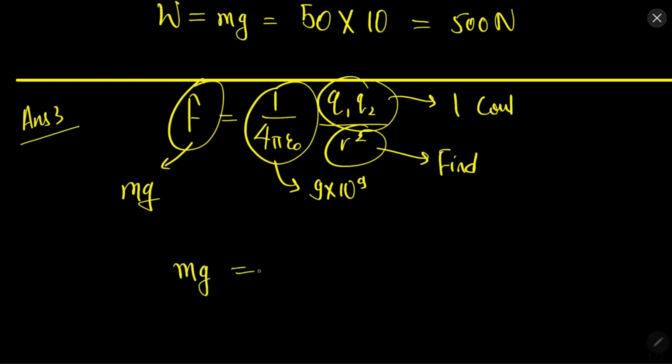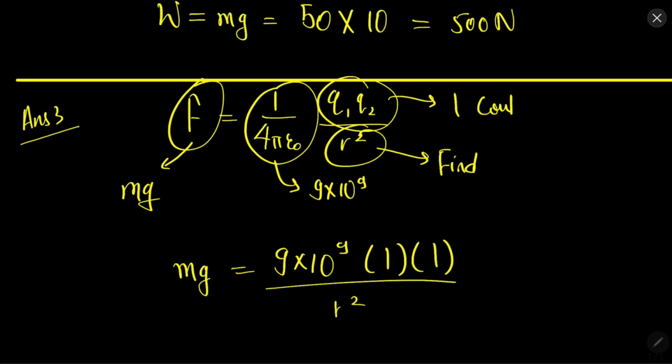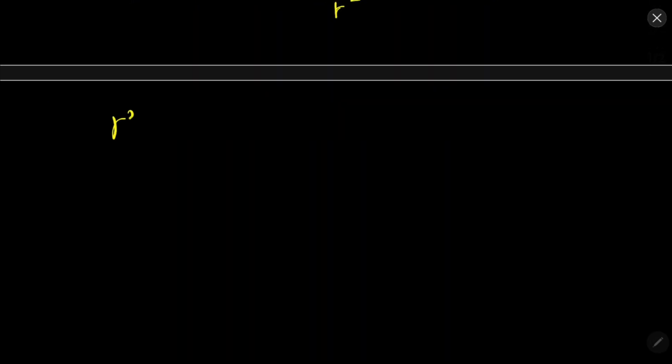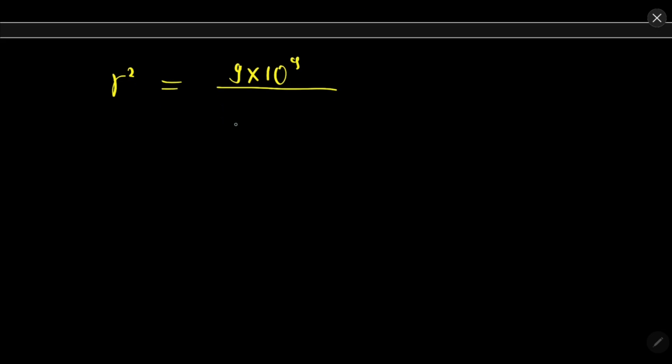So mg equal to 9 into 10 to the power 9 into 1 upon r square. So r square will be equal to 9 into 10 to the power 9 upon mg, let's take g to be 10. So 9 into 10 to the power 8 upon m.